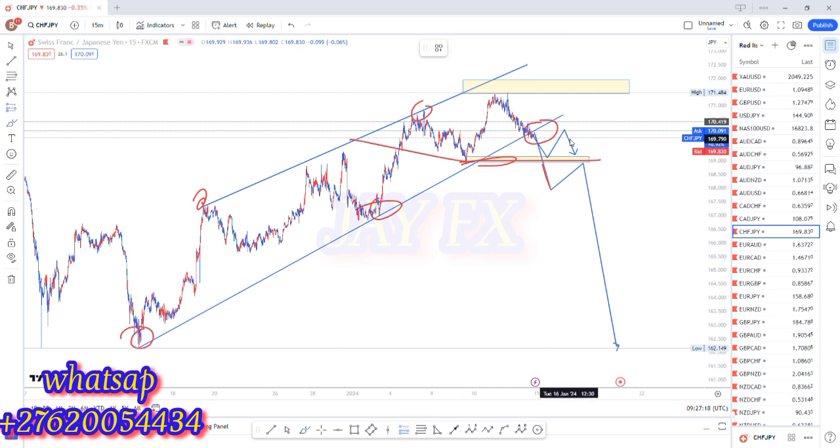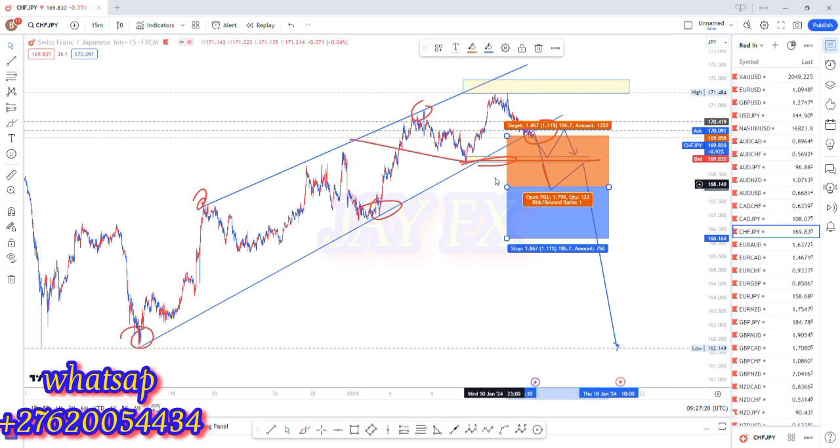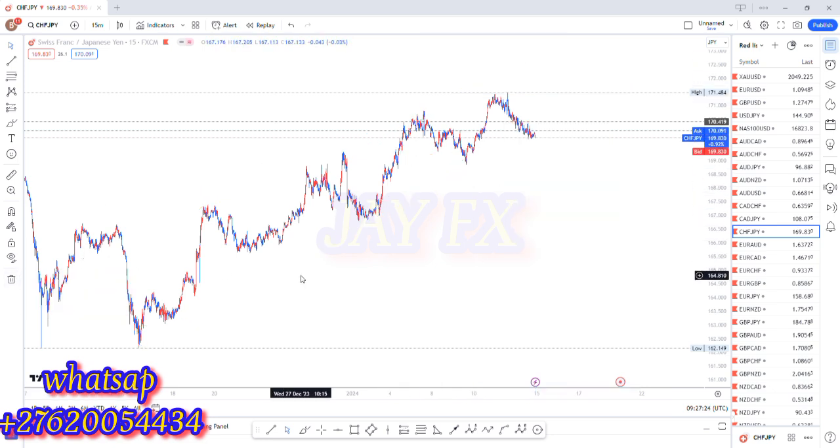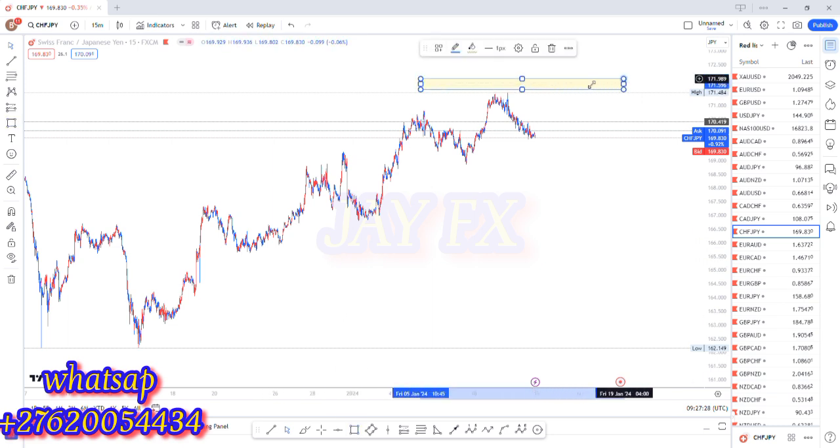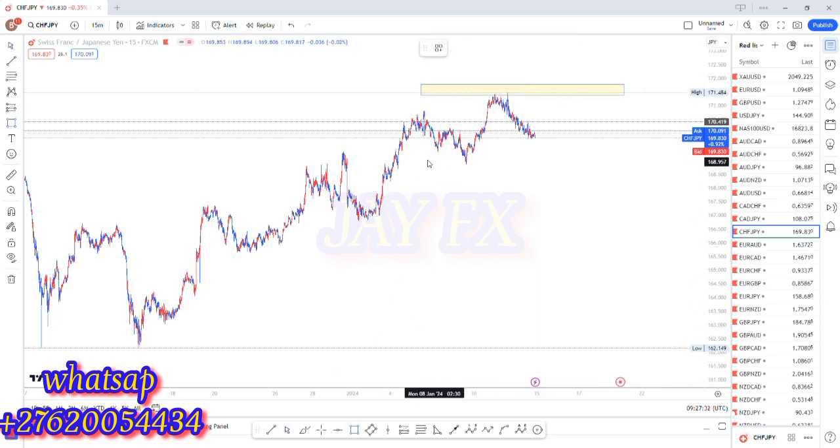So how are you going to get your take profit? Just start by creating this or following this, right? And then the second thing is to know where you will take your entry from, which is below this that we call support.